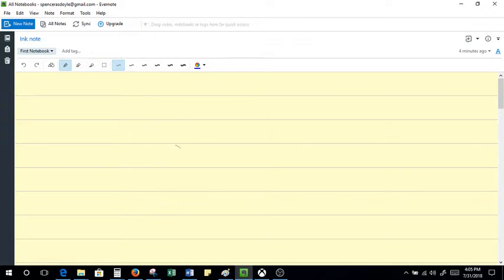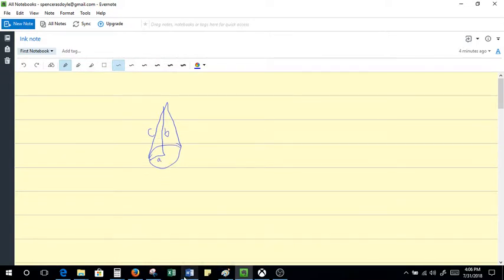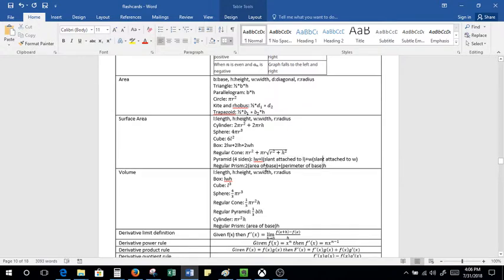If we had a cone, when we're talking about the slant, that's the radius and then this is the height. So this would be a, b, and then the hypotenuse c would be the slant. That would also occur in pyramids as well. So that's what I'm referring to when I say take the square root of r squared plus h squared, and how that would also apply to pyramids.